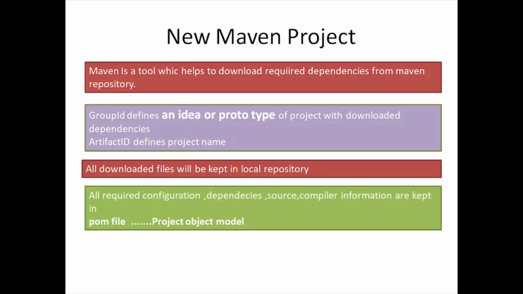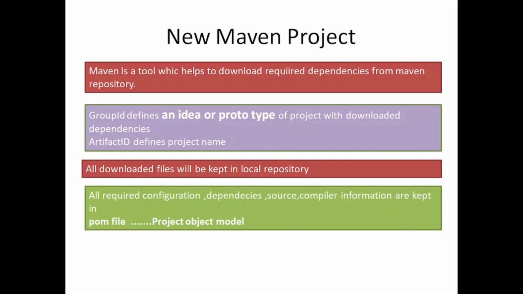All downloaded files will be kept in a local repository, and all required configuration, dependency, source and compiler information are kept in a POM file. This is a very important file for a Maven based project. It is called the project object model. It simply makes your project in an object format, and it takes the dependency as an object for a particular project.